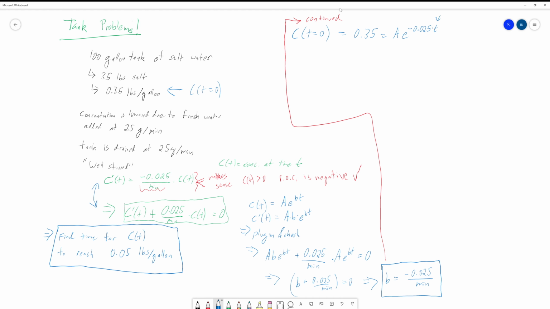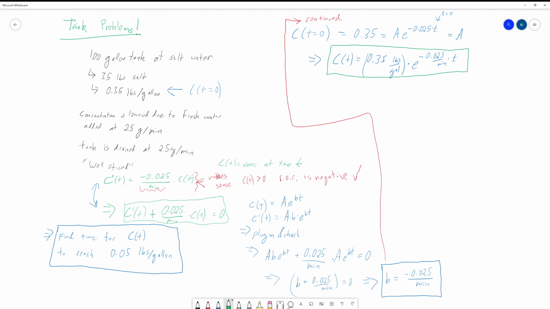But t equals 0, so that is just going to equal A. So that means that our concentration at any time is equal to 0.35 pounds per gallon times e to the negative 0.025 per minute times t, where t is in minutes. Great.